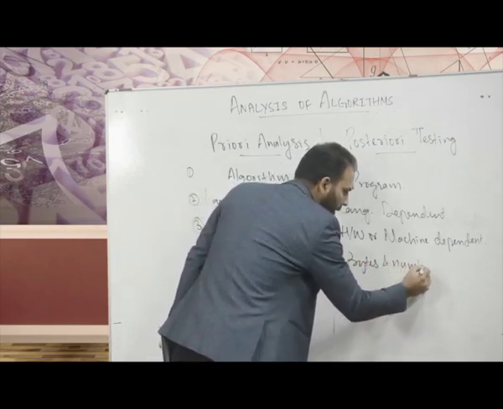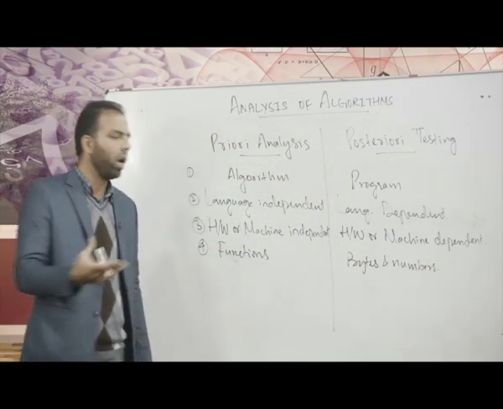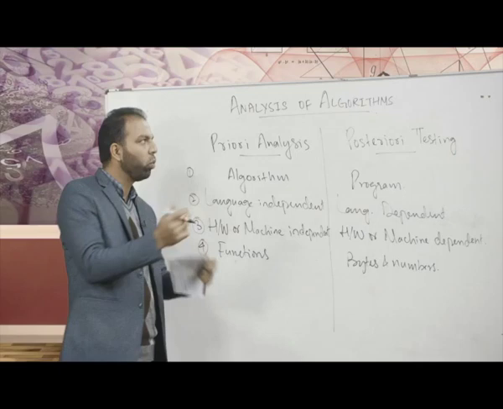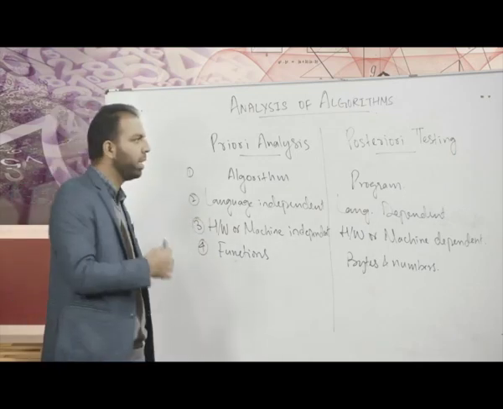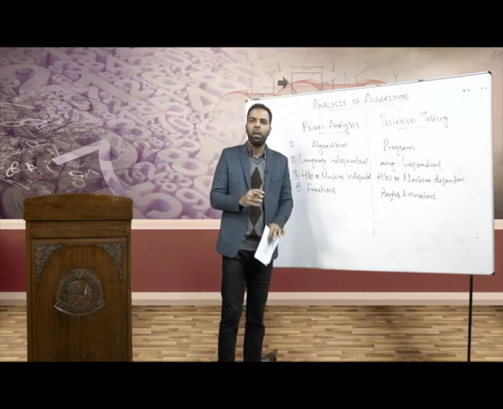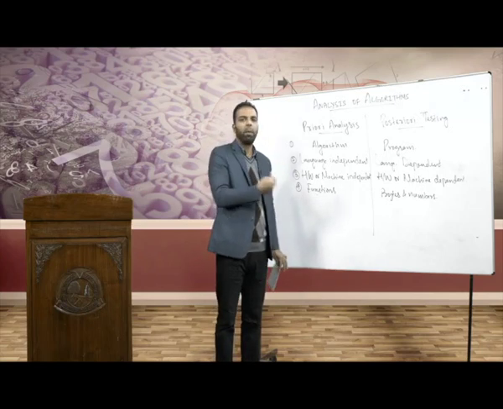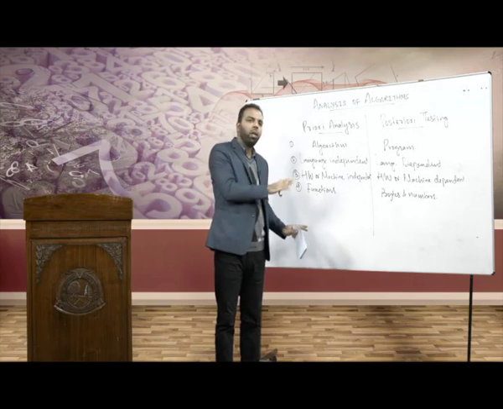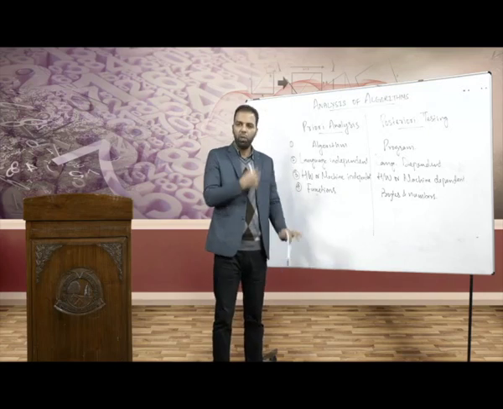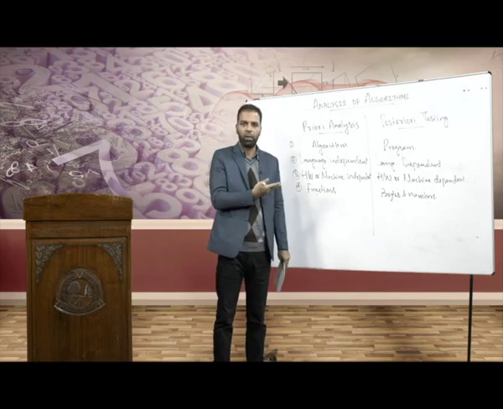You see how many bytes of memory it's taking, and you have actual numbers for how much CPU time it's taking. So that is the major difference and the definition of these two types of analysis. One is called prior analysis, and the second is called posterior testing. Now we will see a small procedure and how we can say how much time it is taking, based on the assumptions we have already made: that the number of operations will define the cost, that is, the time your algorithm is going to take.